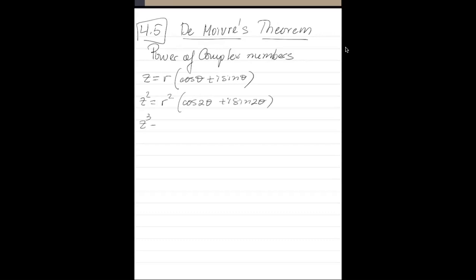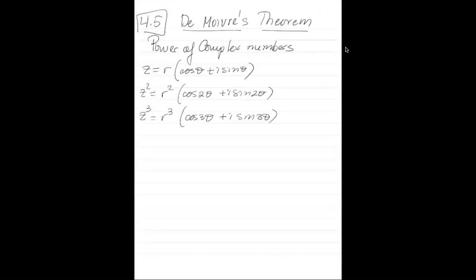z to the third will be multiply z 3 times. And we see a pattern going on here. So we can summarize this.